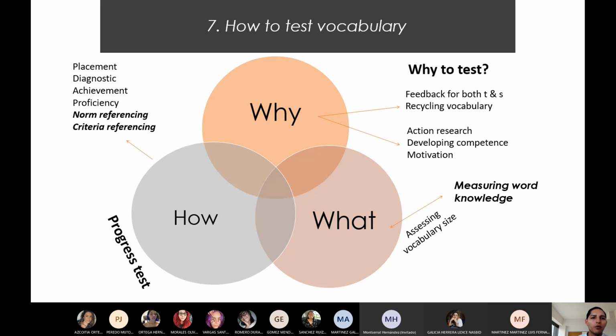And we could follow different approaches, norm referencing, criteria referencing. We should also follow formative assessment or summative assessment. So it all depends on the approach, and that's why evaluation is part of the course.